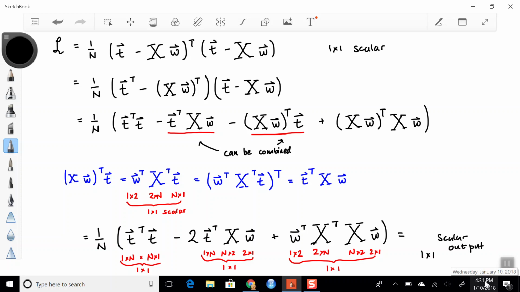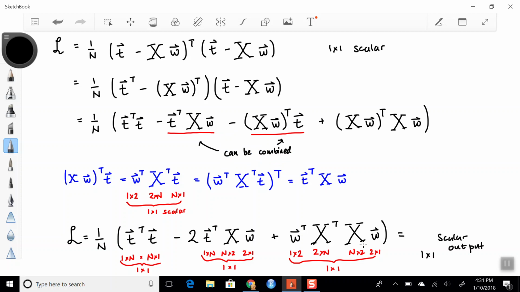Which is what we want, because this is our loss function. So not to lose sight of the big picture, this is just our loss function. We're getting a way to measure how good our estimates W0 and W1 are, when we combine them with the input data, the X's, and the output data, the T's.